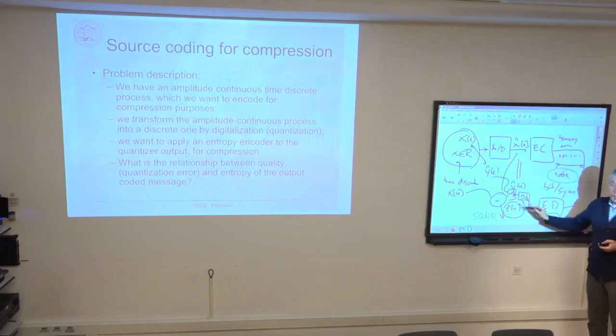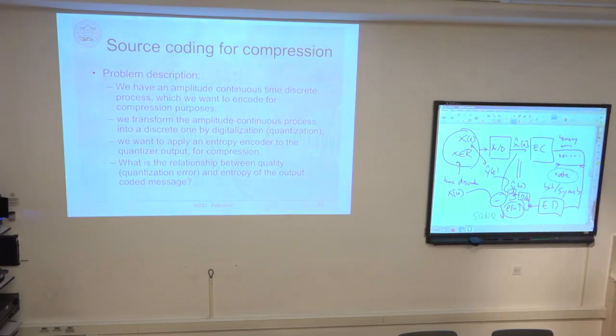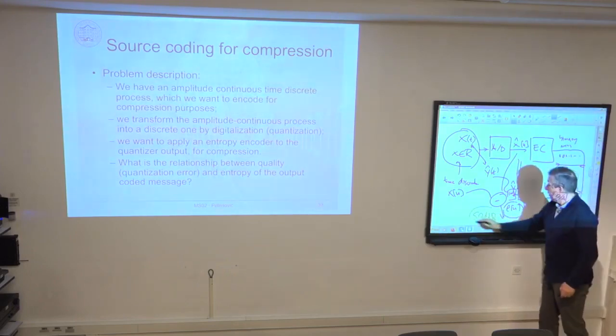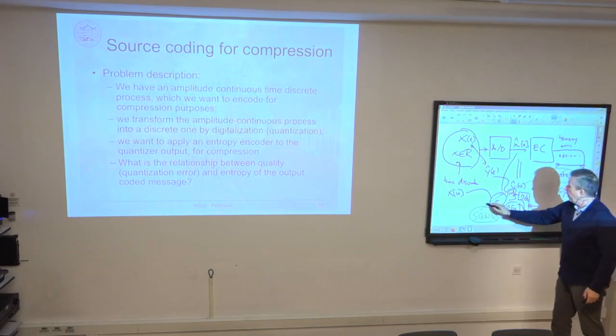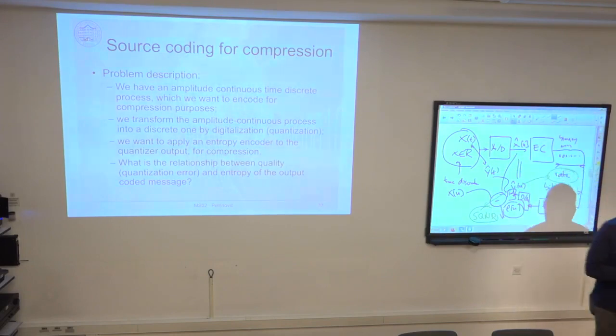So I measure the variance of this error, and I compare this variance in a ratio to the variance of the signal. I convert it to the logarithm scale by taking the logarithm base 10 of this ratio, 10 times that, and I get the SQNR. And I want to relate this SQNR to the rate. That is my question: how do these two relate? That will be the main topic of this section.